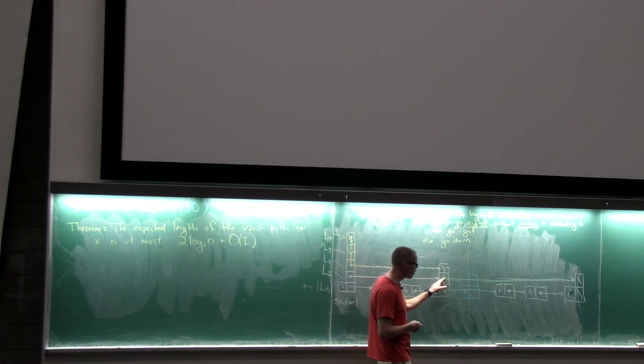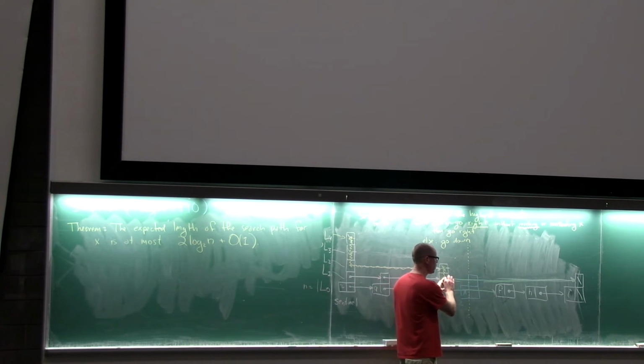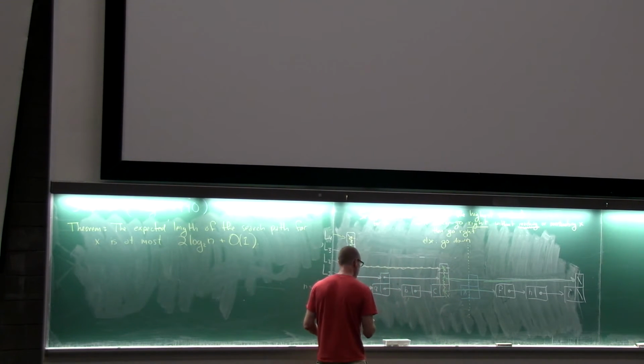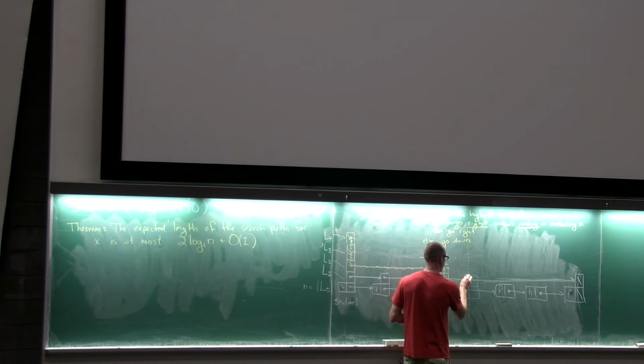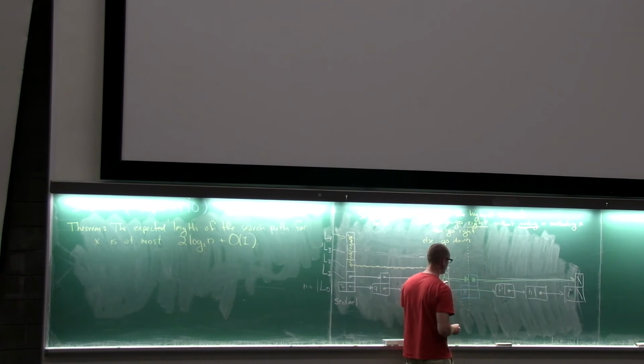But here, when we go down to L1, that's because this pointer overshoots X, which means at this point, this is where X should be. It's now time to fix this pointer so that it points to X instead of pointing past X. So we do two things. We take this pointer and have it point to X, and we take X's pointer here and make it point to whatever this thing is.